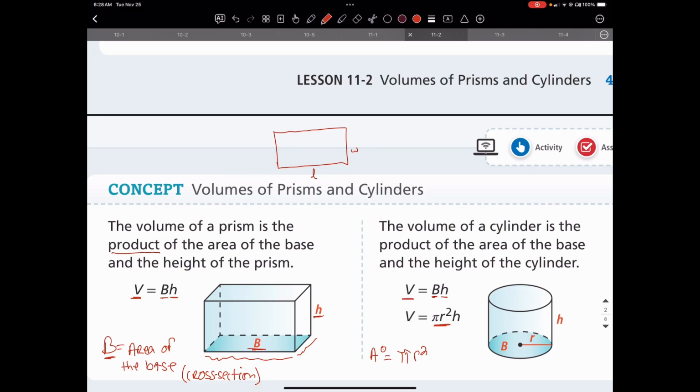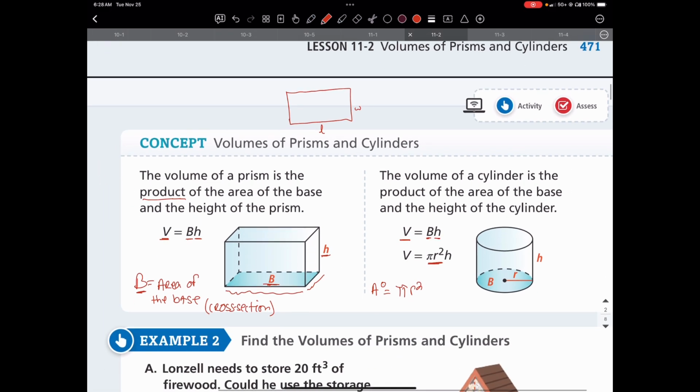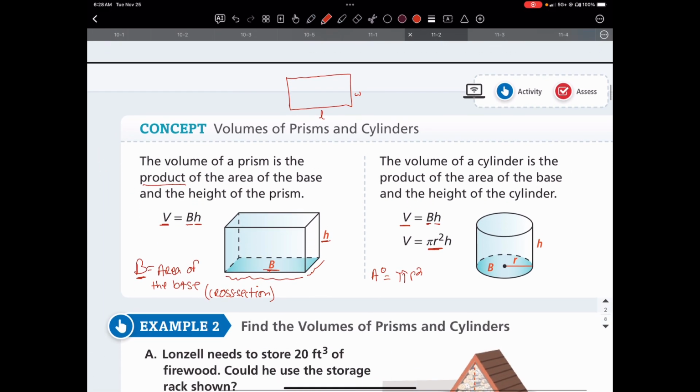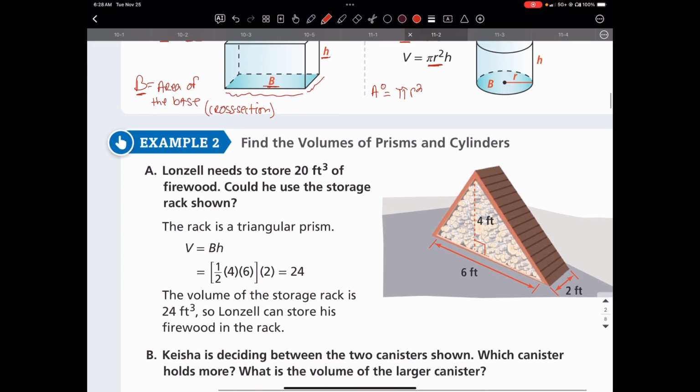So it's the same thing. You take a cross-section cut of it, that's going to be the capital B base, which is going to be the area of that circle, which would be pi radius squared. Okay? So yes, we're going to be using pi when it comes to these cylinders. We really haven't used it much this year, but we will be using it very soon with some of the new concepts we're going to get into.